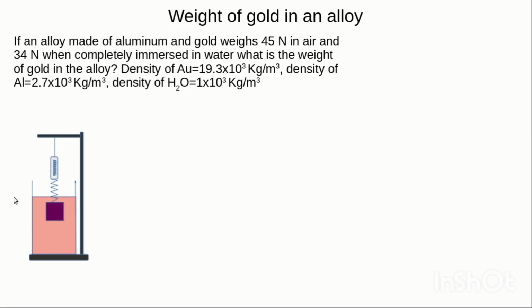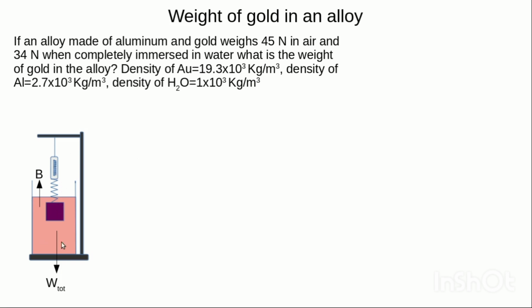If you look at this diagram, one of the forces acting on this body is the weight, W, which is the total weight of this alloy. Another force acting on this system is the buoyant force, B. And finally, the tension measured by this string, pointing upward.